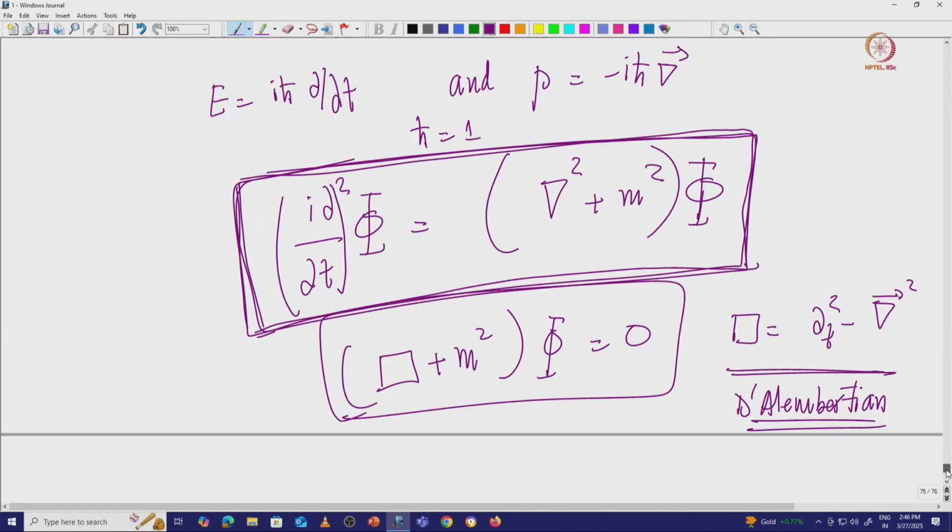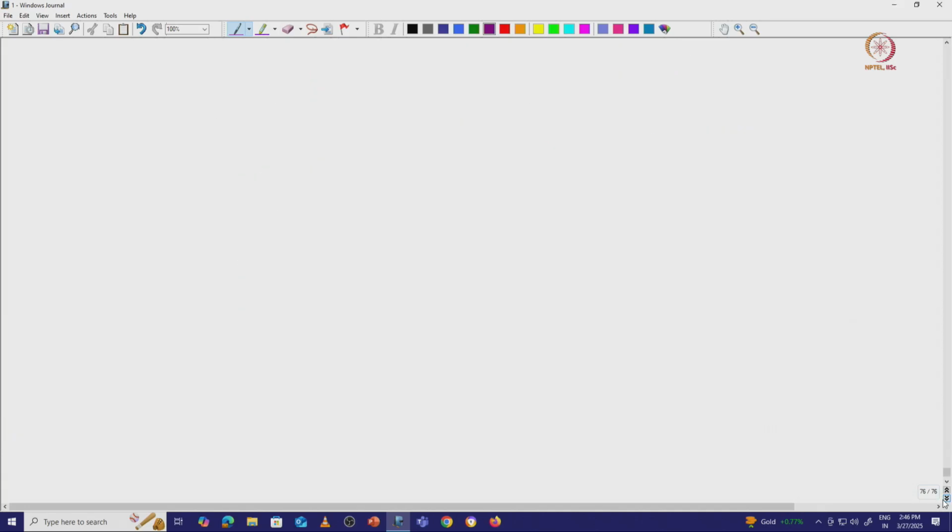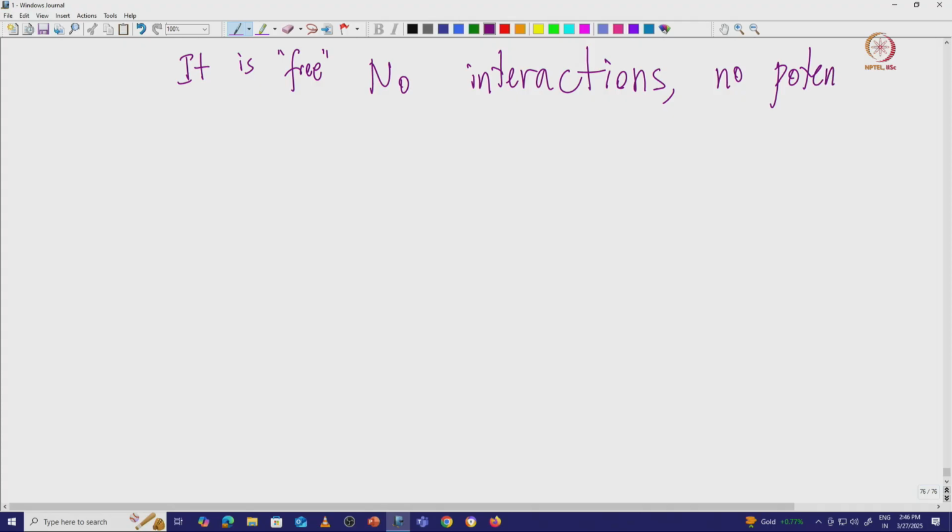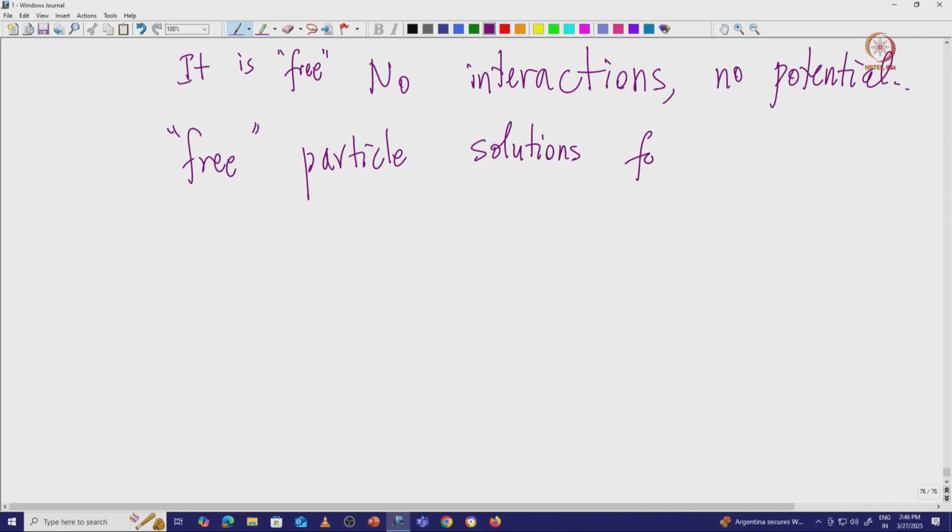Now let us try to solve this. Let us say that this wave equation has plane wave solutions. It is free, in the sense that there are no interactions, no potential as of now, so we will look for free particle solutions for this wave equation.